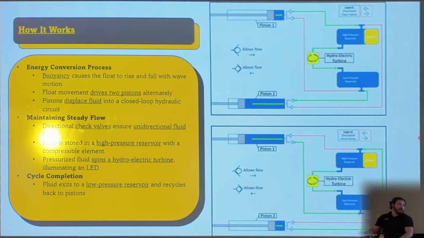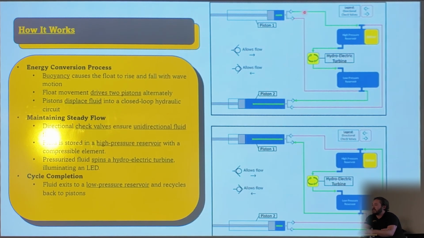So to show you a little bit of how my system works, we have my hydraulics diagram here. Buoyancy causes the float to move up and down. The float is connected to 2 pistons in a layout just like this. As the float rises, it pushes the top piston in and decompresses the bottom, and vice versa when the float falls.